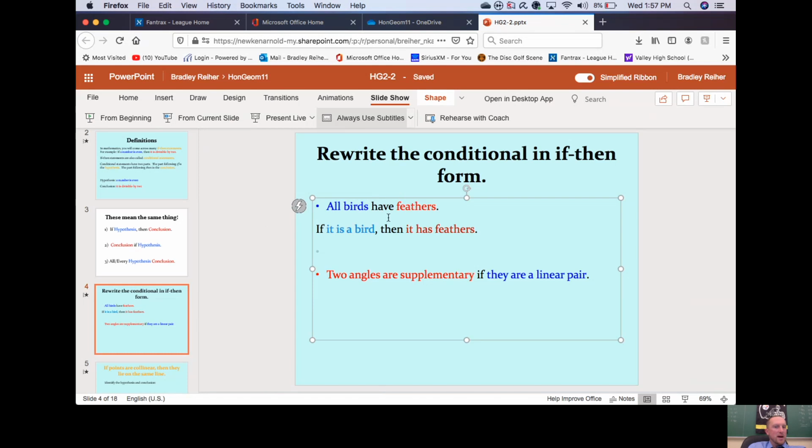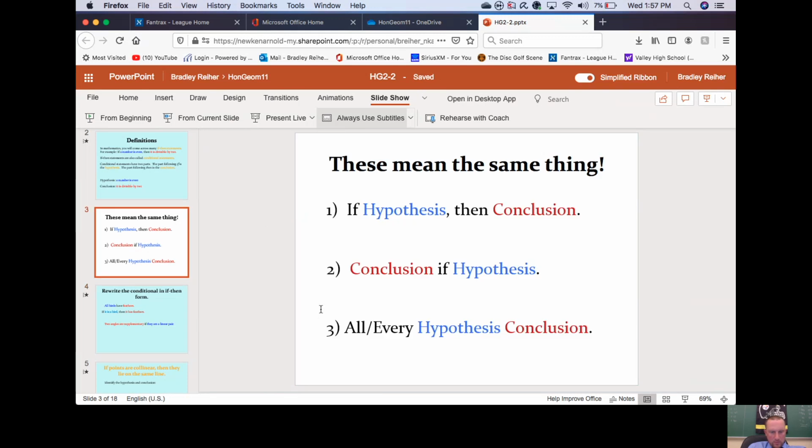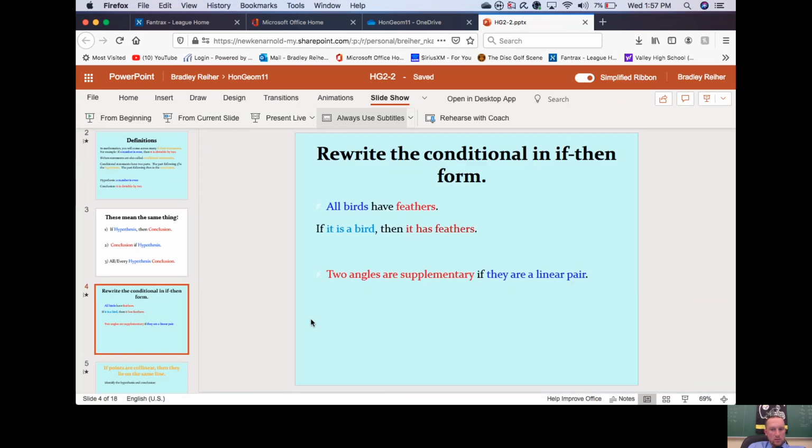Now that had nothing to do with math, but this one does. Two angles are supplementary if they are a linear pair. That's your definition of linear pair. Could you rewrite this in if-then form? Well, notice what this looks like. This looks exactly like statement 2, conclusion if hypothesis.